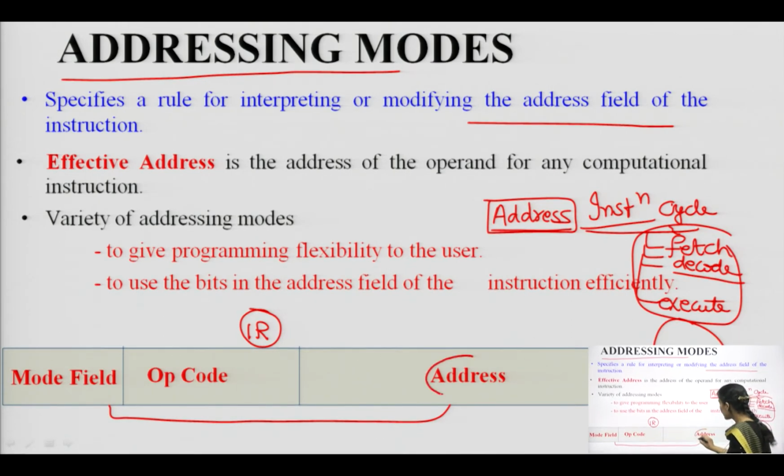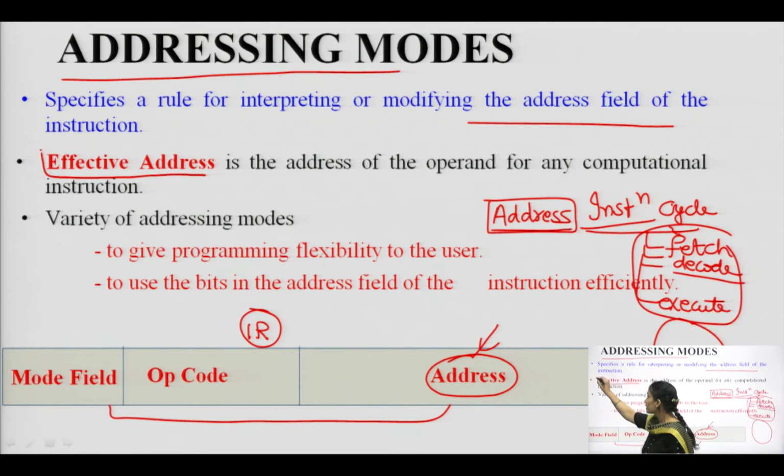Somewhere this address will be treated as not an address, it is just an operand. Somewhere it will be treated as an address, somewhere as the address of an address where my operand will be found. So, I need to define an effective address.